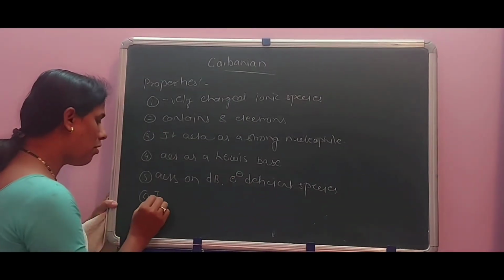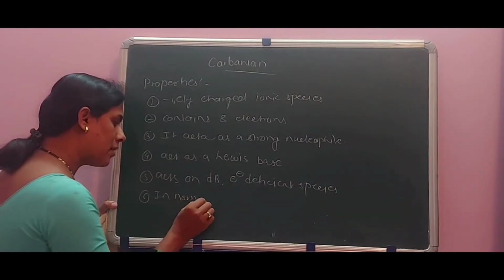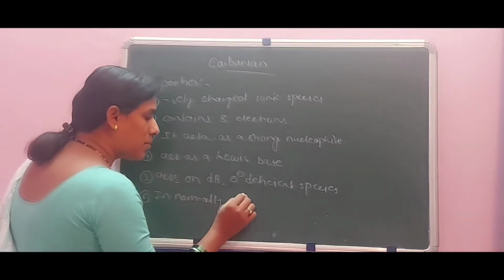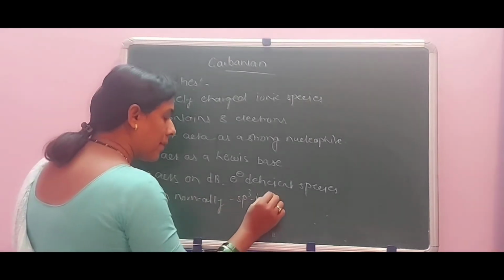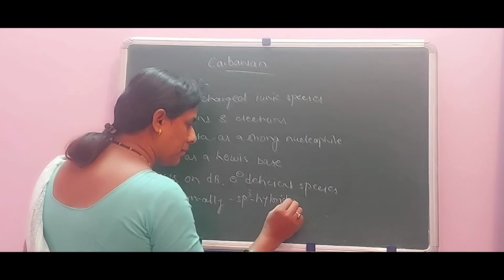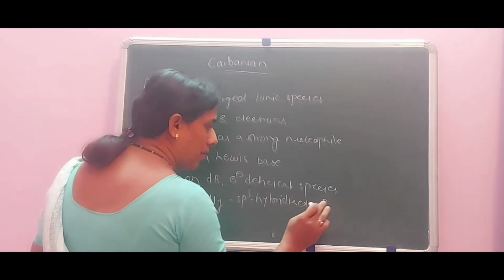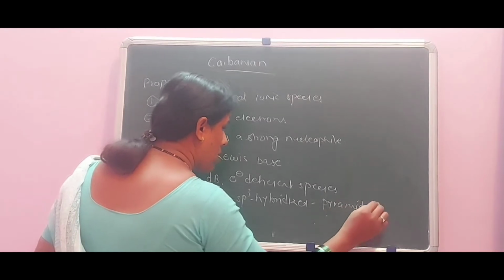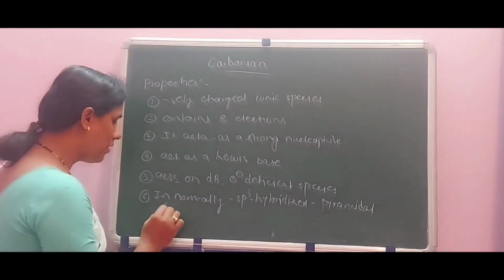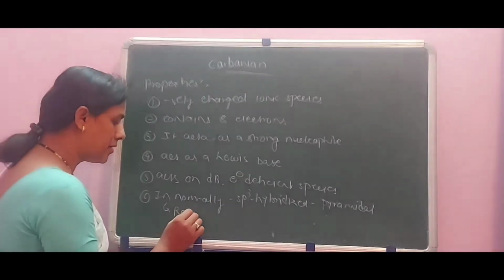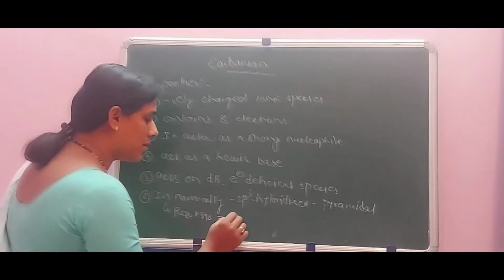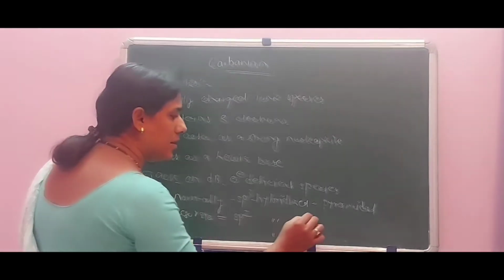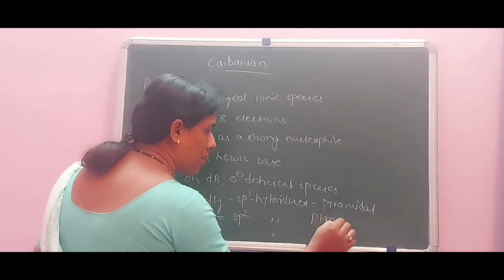In normal form, it is sp3 hybridized with a pyramidal structure, and when resonance stabilized it is sp2 hybridized with a trigonal planar structure.